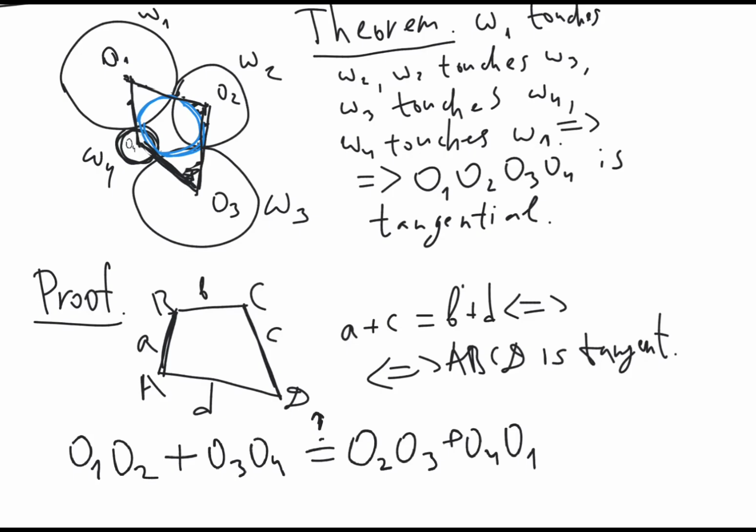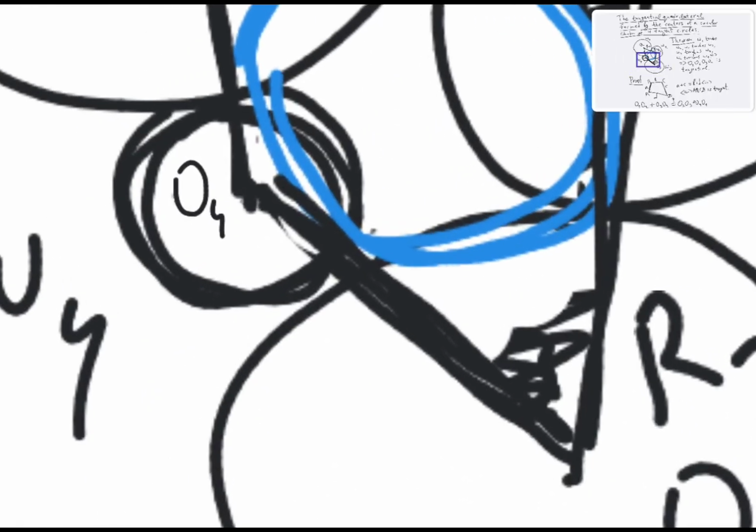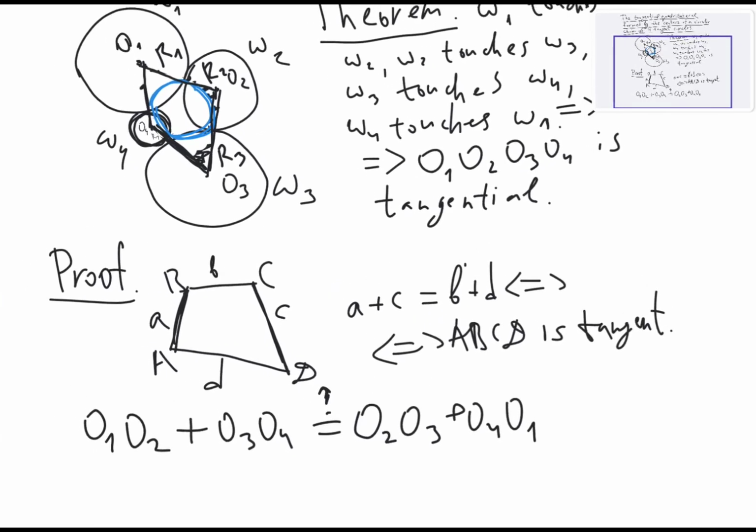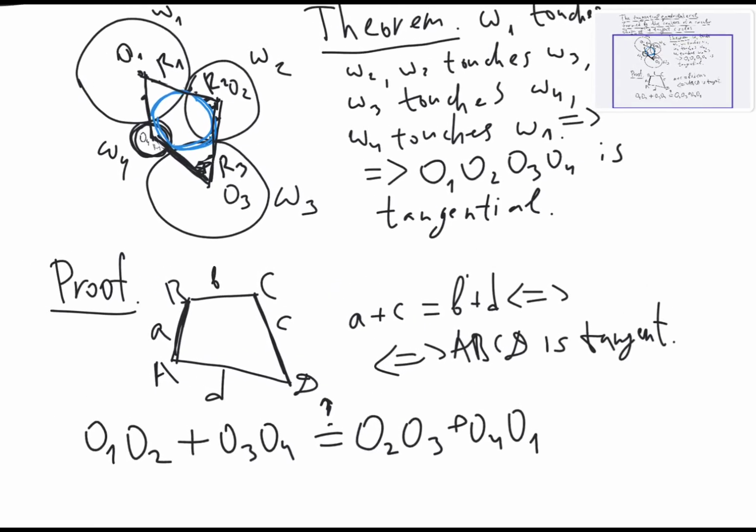This is quite simple. Let's denote the radii of these circles as R1, R2, R3, and here is R4. Then how can we express the sides of this quadrilateral?